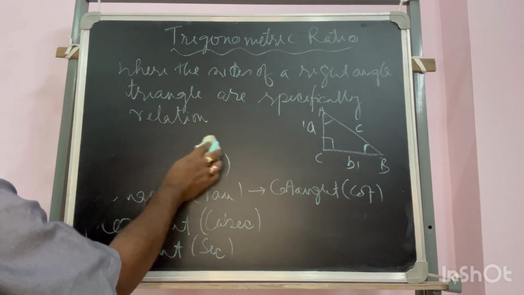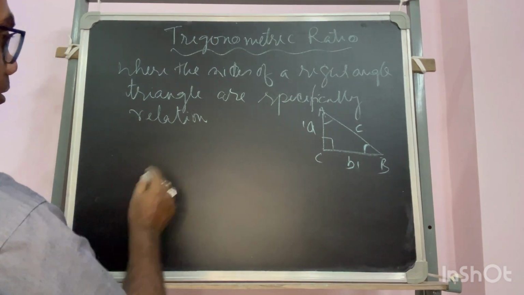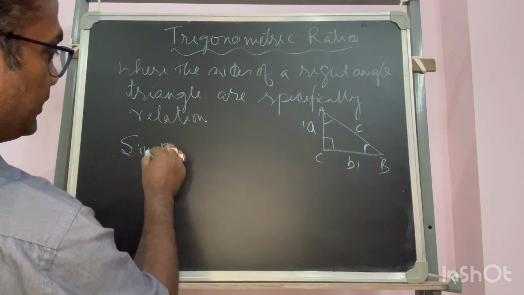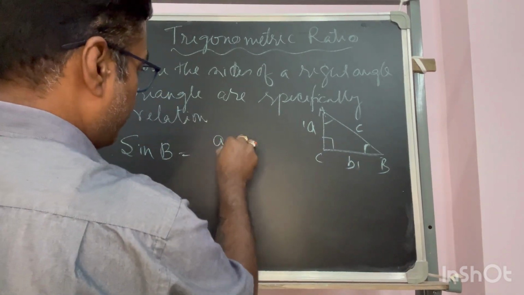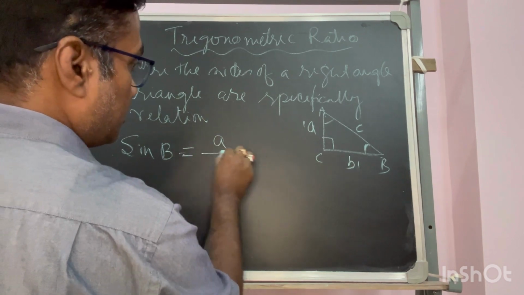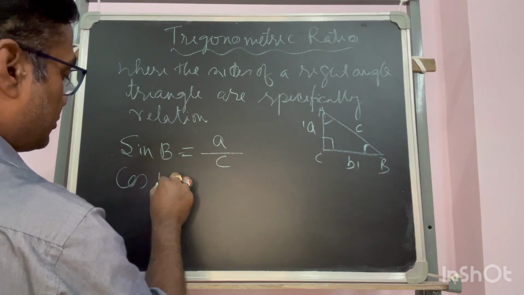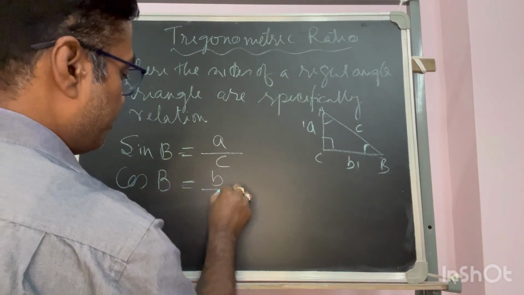Now I will talk about them one by one. If I talk about sine of any angle, considering sine of B, in that case it will be the vertical side by the hypotenuse. If I talk about cos B, it will be the base upon hypotenuse.